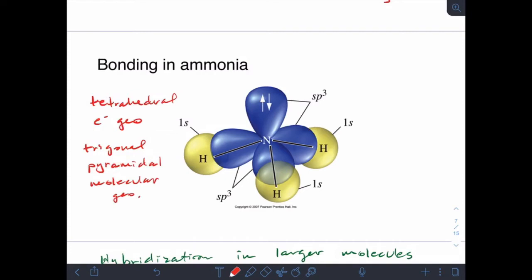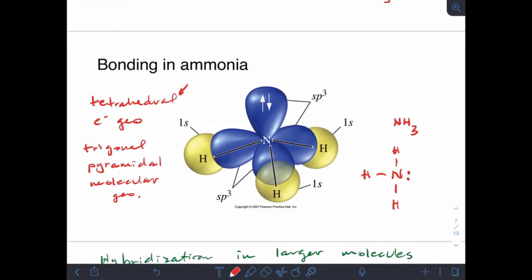Our bond angles are still about 109.5 degrees because that's determined by our electron geometry. And we've got NH4 plus, so our Lewis structure for that would, it's NH3, my mistake. Ammonia, NH3.